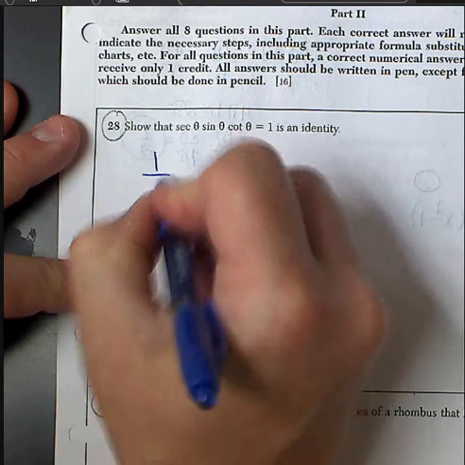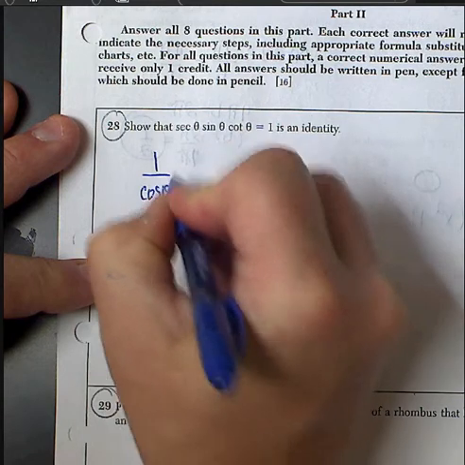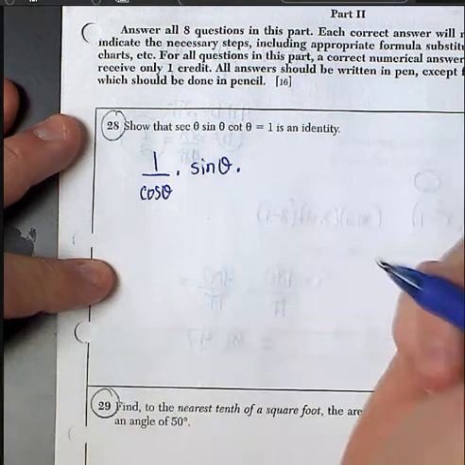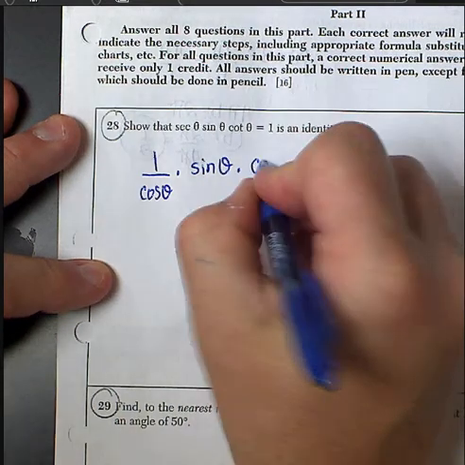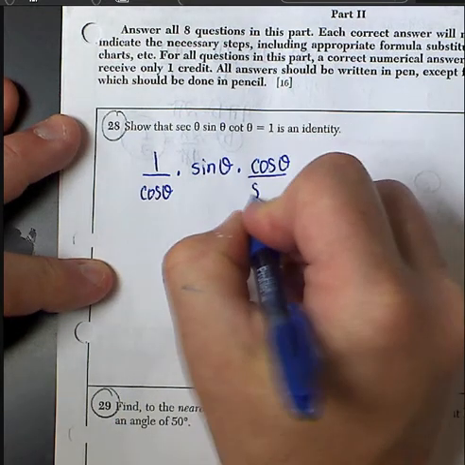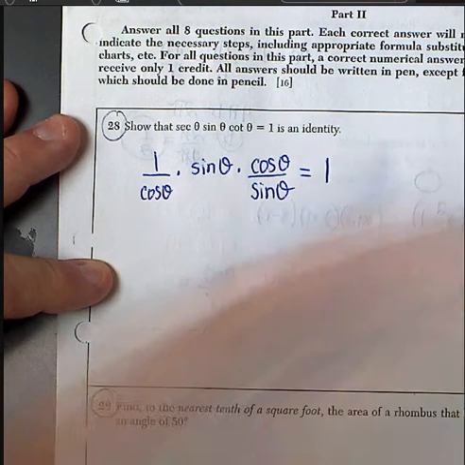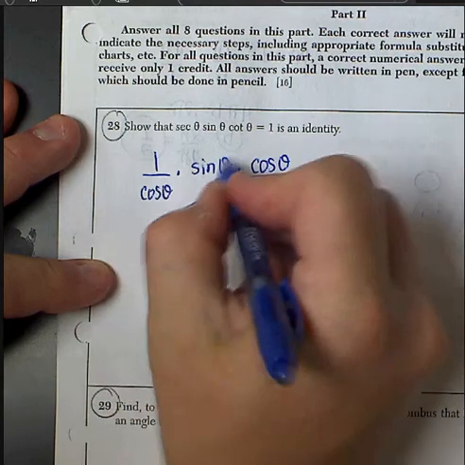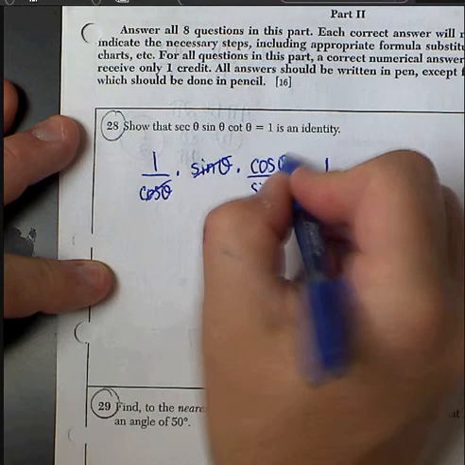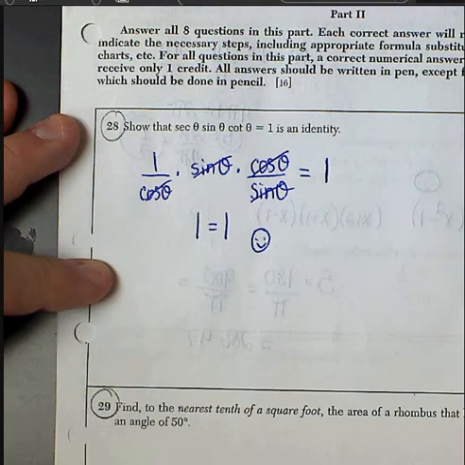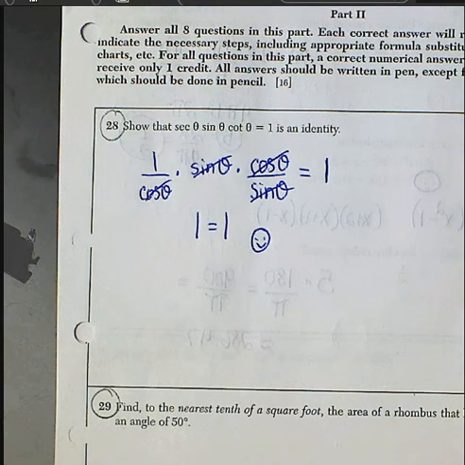So secant is 1 over cosine, times sine, which we'll leave alone, and cotangent, which is the reciprocal of tangent, and we know tangent is sine over cosine, so cotangent is cosine over sine, and this needs to be 1. And as you can see here, they cancel, and they cancel, and right away we get 1 is equal to 1, and we're done.